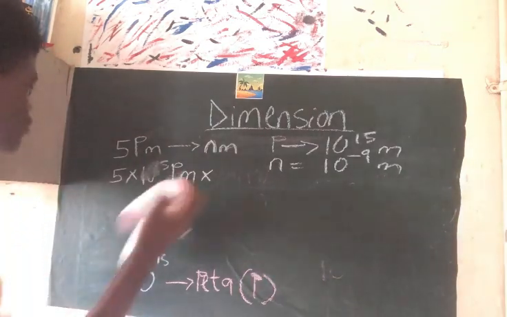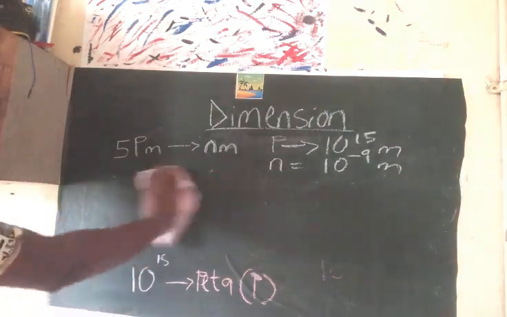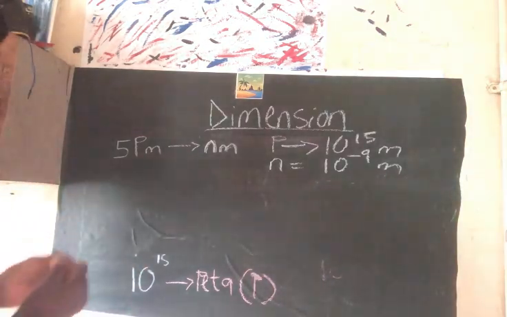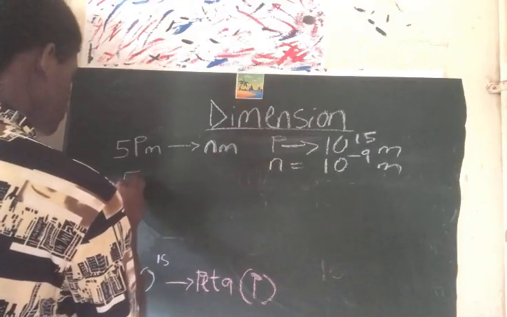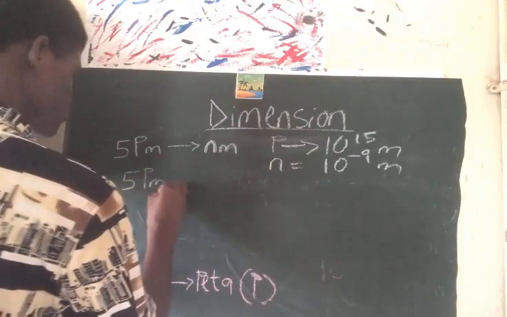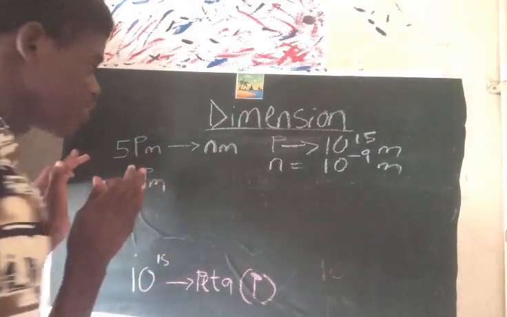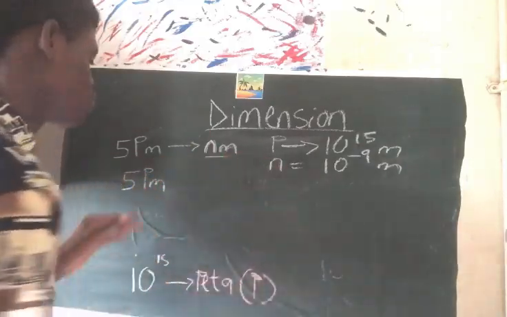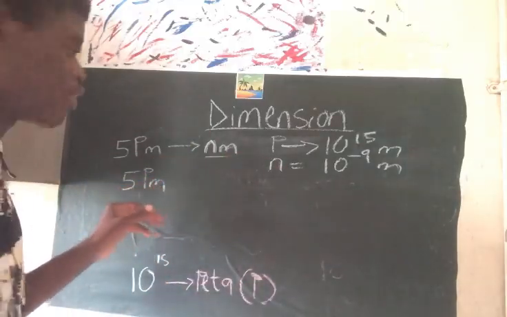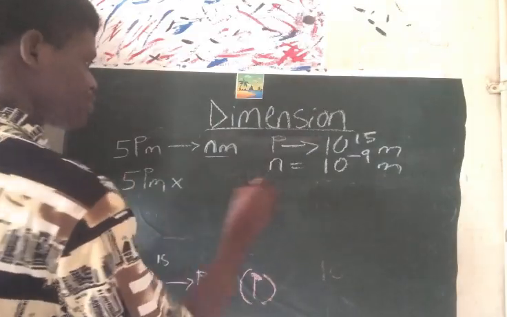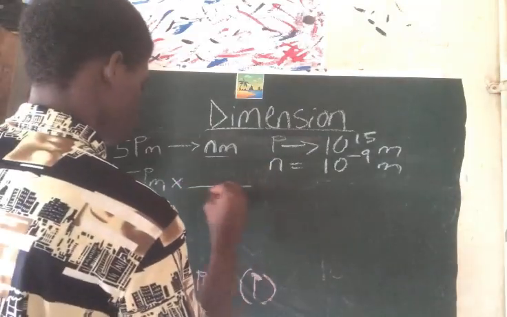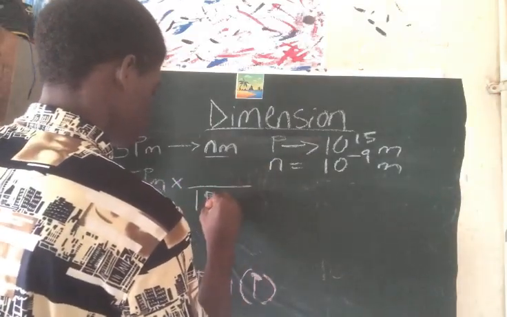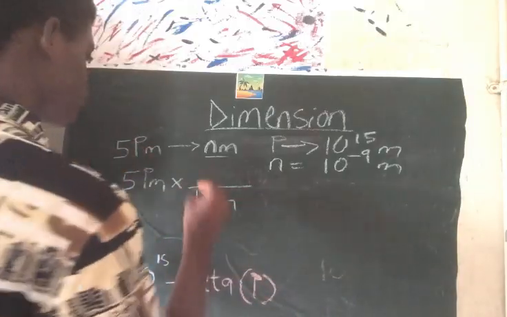Let's write it this way: 5 petameter to nanometer. So this is 5 petameter. Once you represent everything in a way that you cancel everything out and remain only nanometer, to cancel out petameter, we'll divide by, I will say, 1 petameter is equal to 10 raised to the power 15 meter.